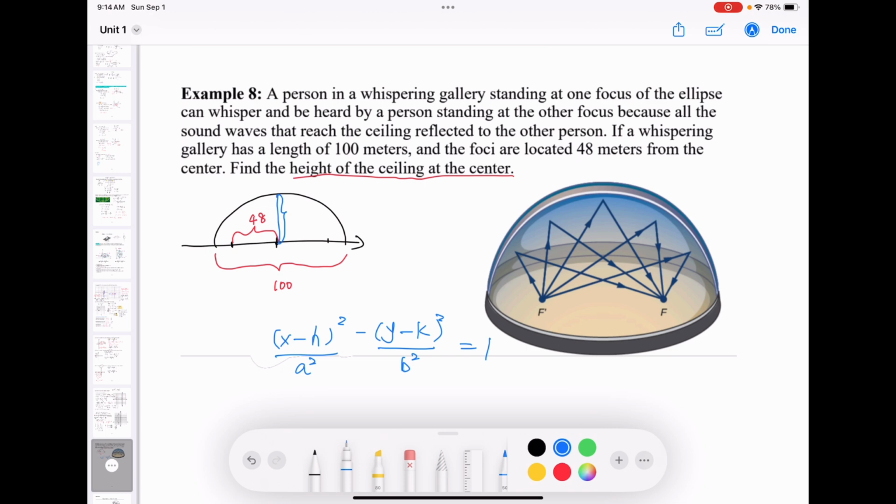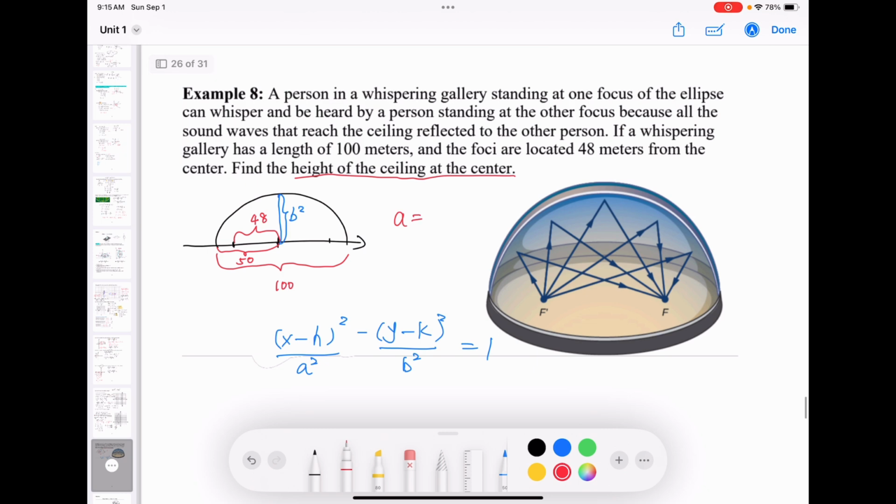No, we don't. We just want to find what b is. The given information is 100 is the length, but what is half of the length? Half of the length is a. So from here to here is half of 100. It is 50 meters. We have our a is 50, and we have our c is 48.